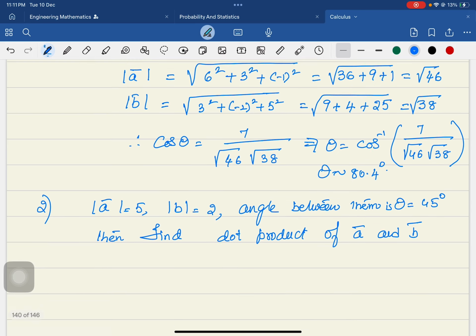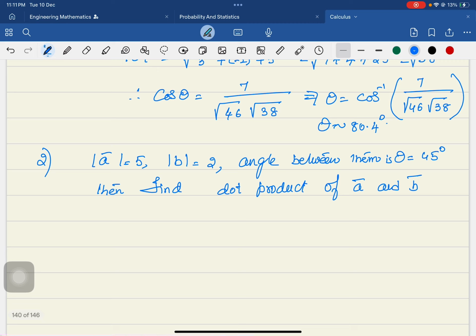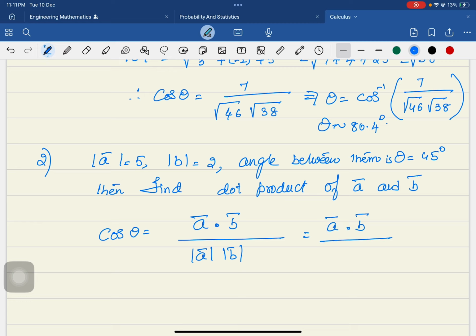So he has not given you the dot product, so we have to find it using the angle. Cosine theta is given by A dot B over mod A into mod B. Now you don't know A dot B, so keep it like this: A dot B by mod A, which is 5, mod B, which is 2. So 5 into 2. And what is cosine of 45 degrees?